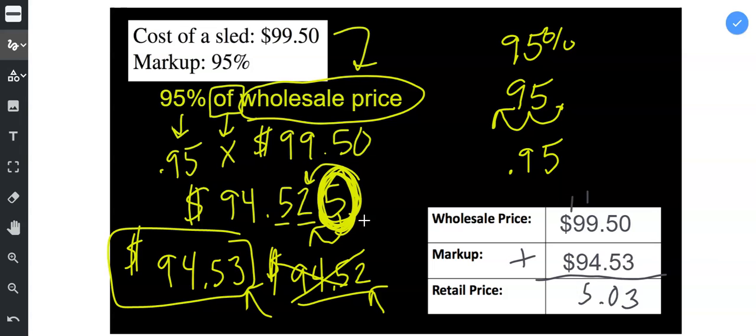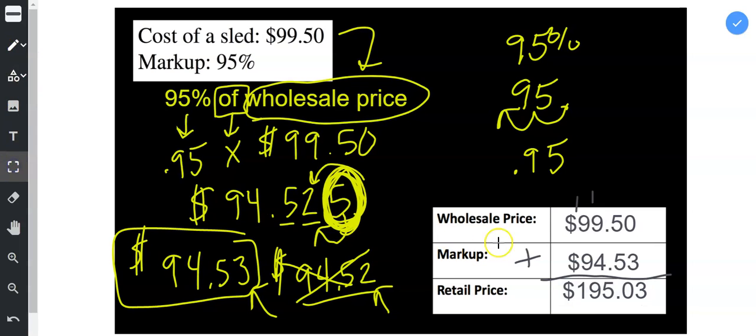I carry the 1. 9 and 9 is 18, plus 1 more gives me 19. So the retail price is $195.03. I don't like how that looks, so I'm just going to rewrite it. $195.03. And then I'll center it.